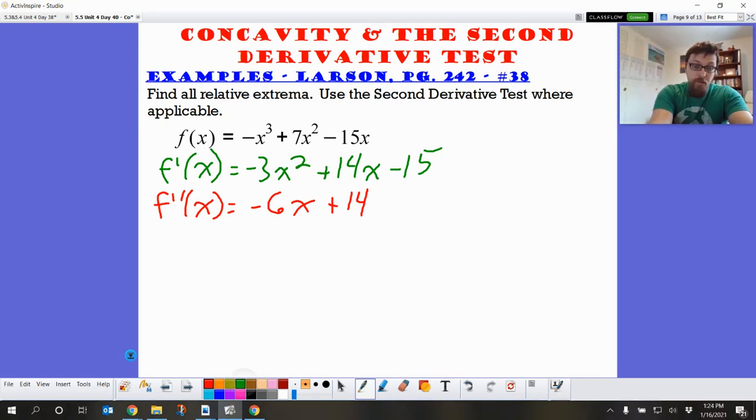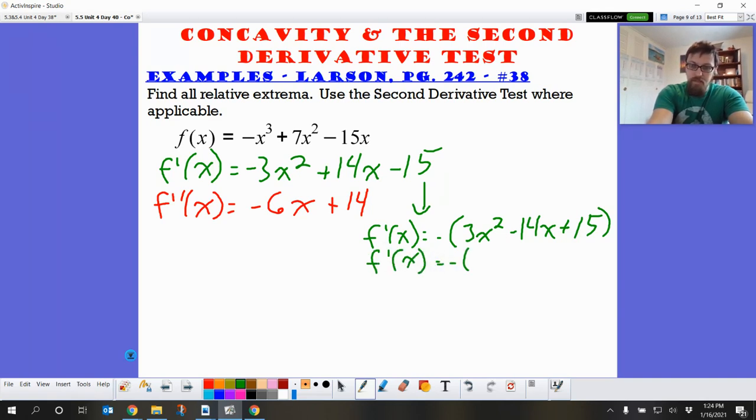We care about where the first derivative is going to be 0, because that's going to get us our critical numbers. So f prime of x, if we factor that thing, I'm going to pull out a negative to make my factoring easier. 3x squared minus 14x plus 15. Factor this, it should be 3 and 5, I think, for 15.